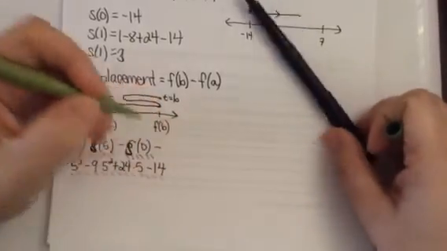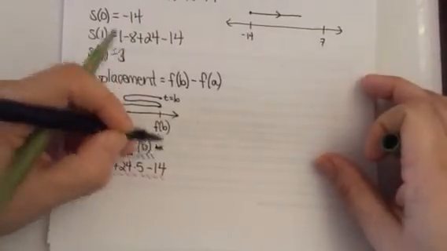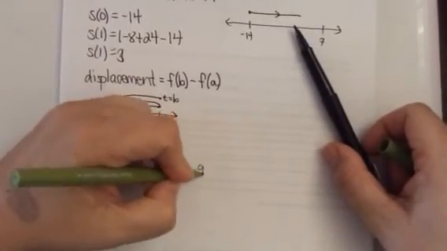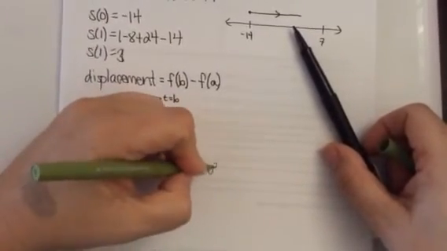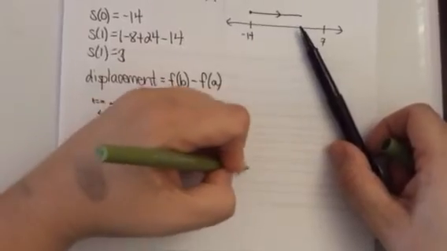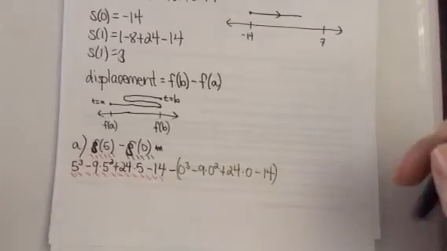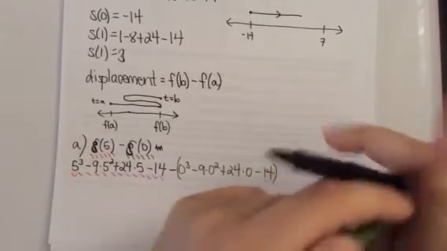Minus right there. So 0 cubed minus 9 times 0 squared plus 24 times 0 minus 14. So that would be literally the displacement, whatever that quantity is.